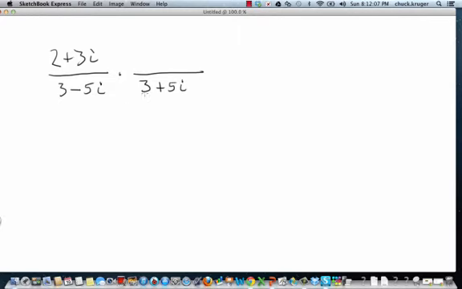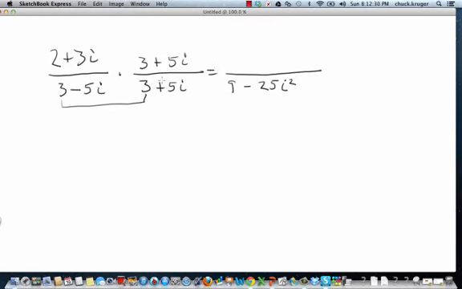Remember, the denominator determines what you're multiplying by. Both the top and the bottom get multiplied by that conjugate. Always, always, always. On the bottom, I'm only going to worry about 3 times 3, which is 9, and 5i times 5i. And I have minus 25, because 5 times 5 is 25, i squared.